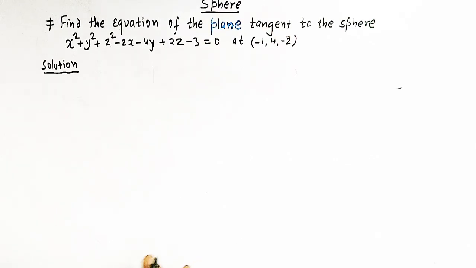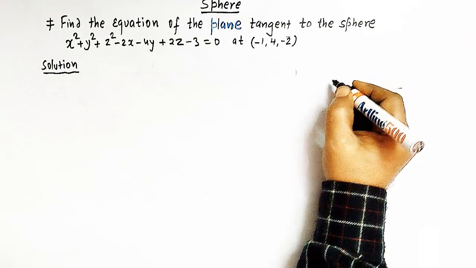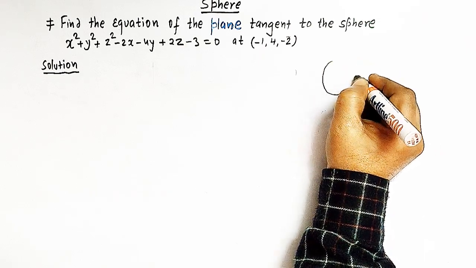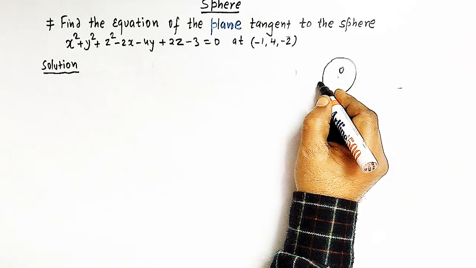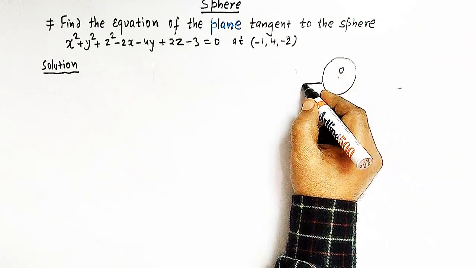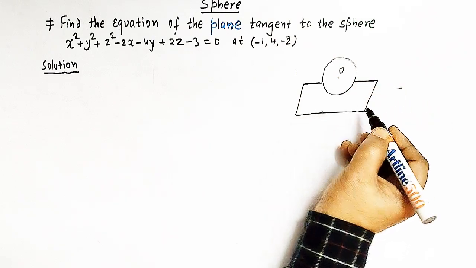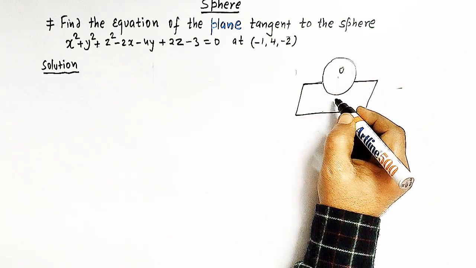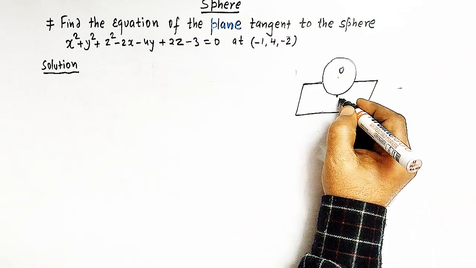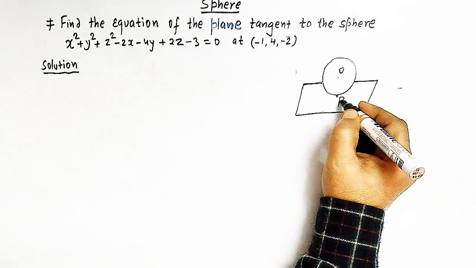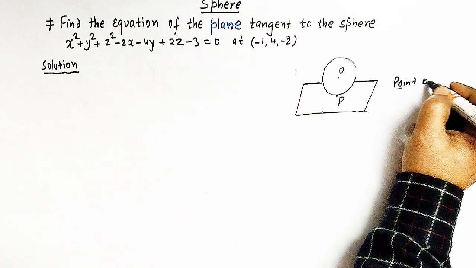So let us now consider a rough diagram of this problem, and here we have a sphere and whose center is say O, right? And let us draw a plane like this. This is a plane, and this plane is tangent to this sphere at this point, right? And let us call this point as point P, right? And this point P is known as the point of contact, right?